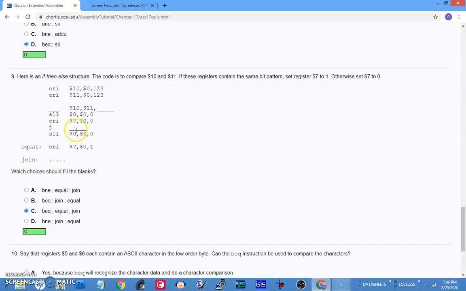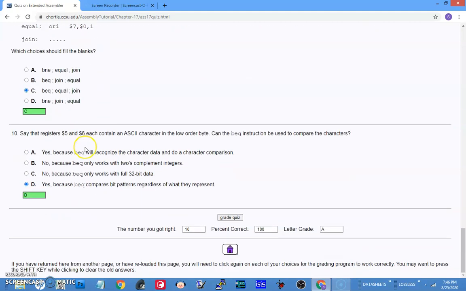So jump, if they are equal, then you have to jump to the end of the program, that is to the join. Okay, this instruction has to be skipped. Now the 10th question is about the instruction. There are registers $5 and $6.